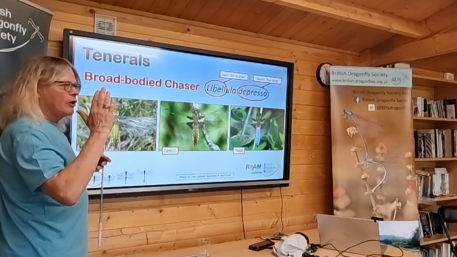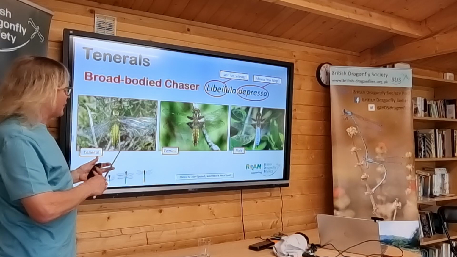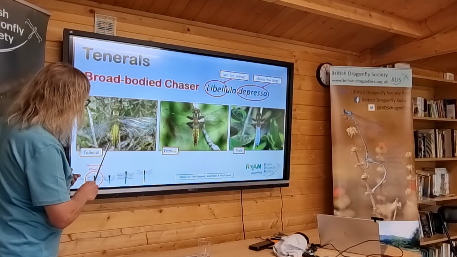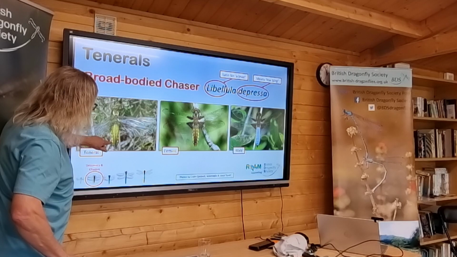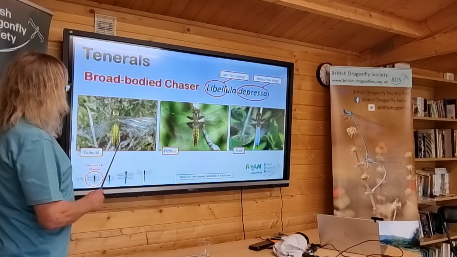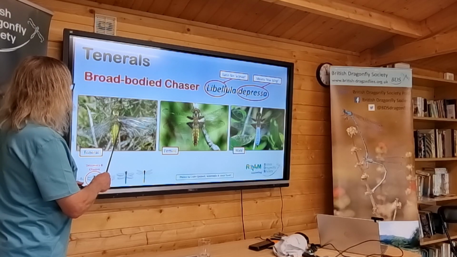The actual look of it, the shape of it, can give it away on a lot of the species. And you can see they've still got these yellow marks on the edge of the abdomen, and you can tell it's a chaser simply because of that, and because it has this dark infusion here in what's called the wing base.